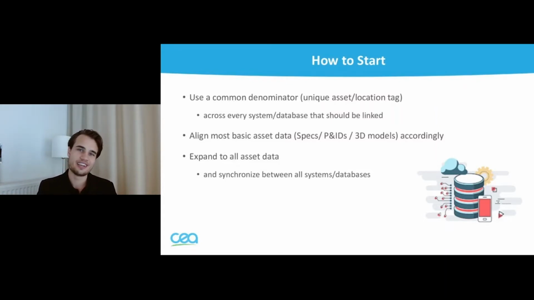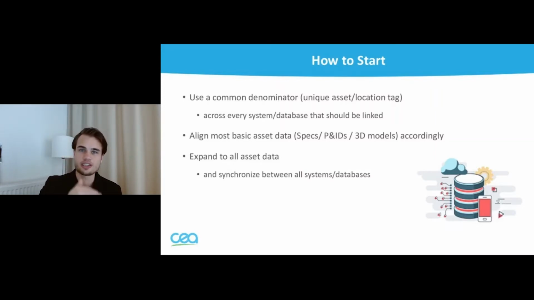Once you have that, you can align all the information that's linked to those specific assets or lines or tag numbers, essentially. And that starts with the basic specs, your PNIDs or PFDs, because you want to know how all your assets are connected, how it works. And you also want the 3D, because the 3D model will allow you to actually recognize everything at every point. And once you have that, that's your base point.